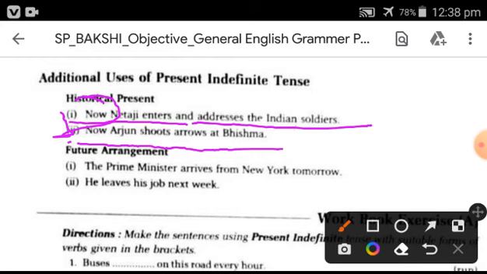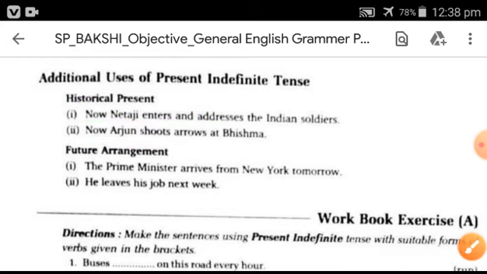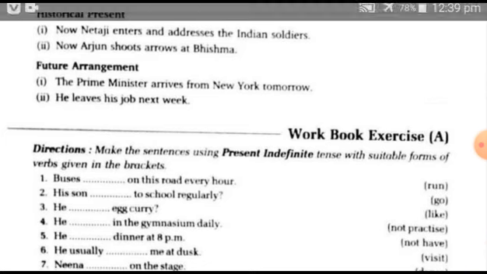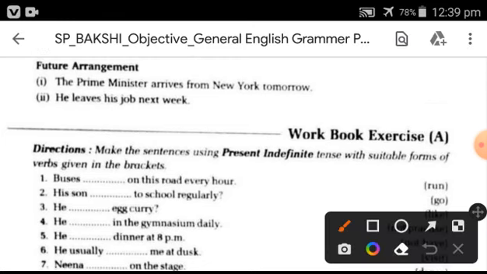Right? And second, it is also used for future arrangement. Let us try to understand it with an example. The Prime Minister arrives from New York tomorrow. What does it mean?